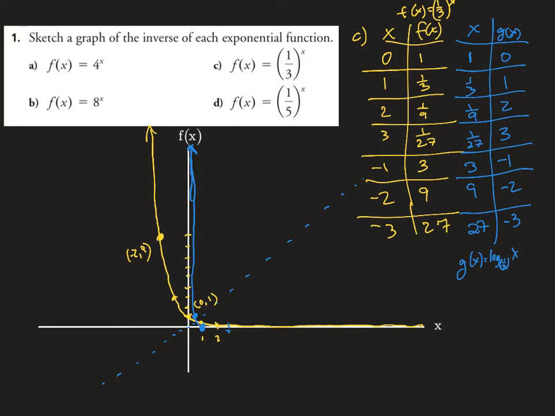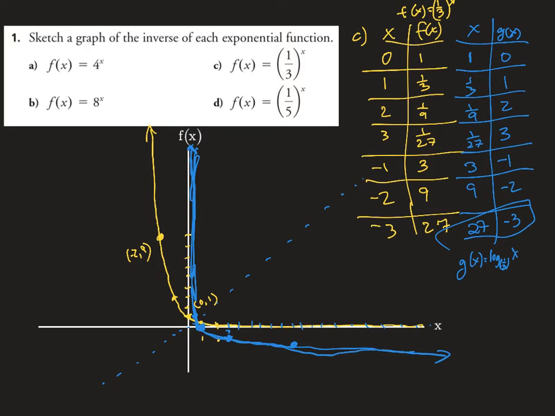When we get to 3, we'll be at -1. Right here. By the time we get to 9, so 4, 5, 6, 7, 8, 9. When x is 9, y will be -2. And when x is 27, so that's going to be off the charts already, we're going to get -3, and we go that way.